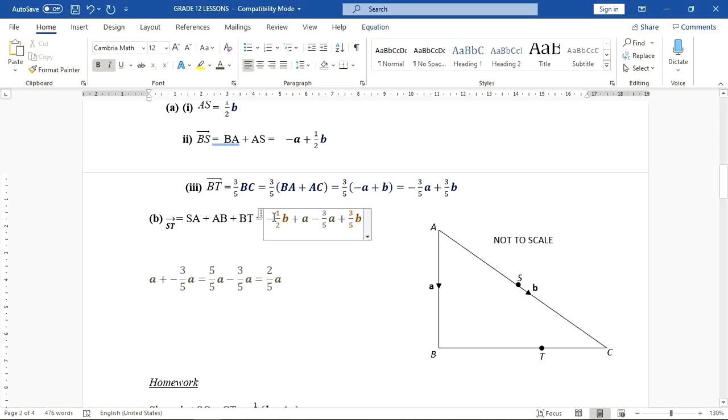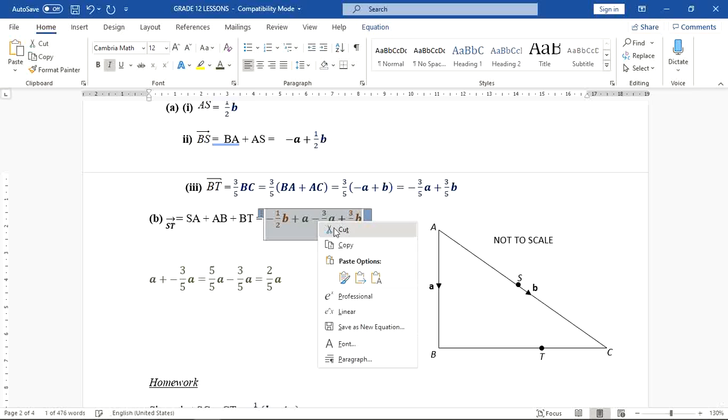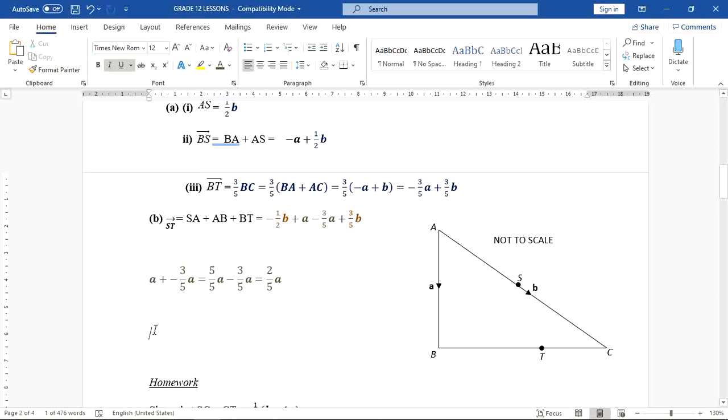What about the b's? Let's also manipulate the b's. So I'm just going to copy all this, bring it here. But this time around I'm going to remove the a's.